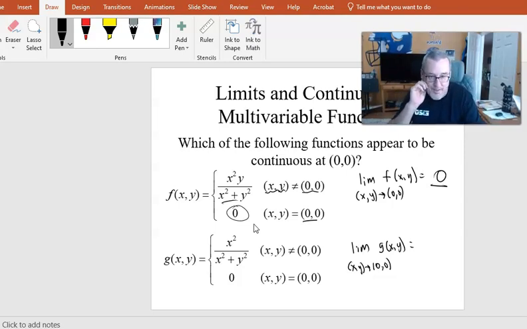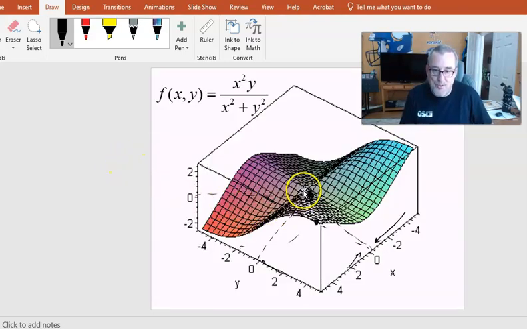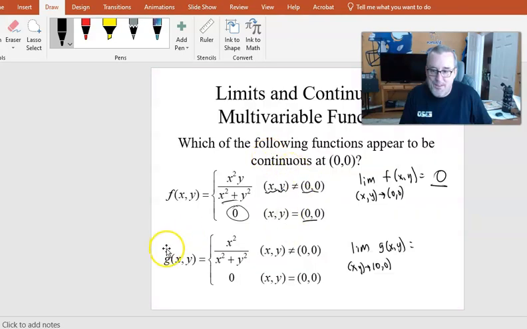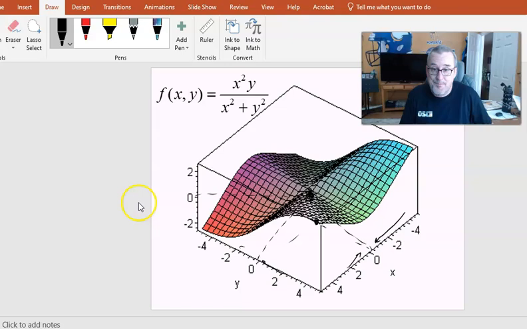For f of (x, y), it seems from our graph that the limit would be 0, and f is defined to be 0 at (0, 0), so we have this nice continuous flow in this surface at (0, 0). But what about g of (x, y)? Do we have a similar feel or not? Are you ready?